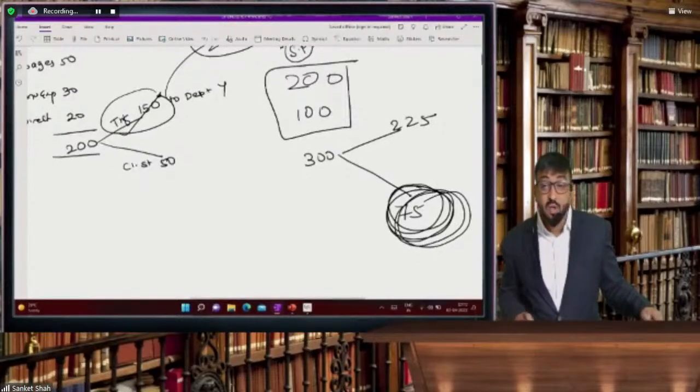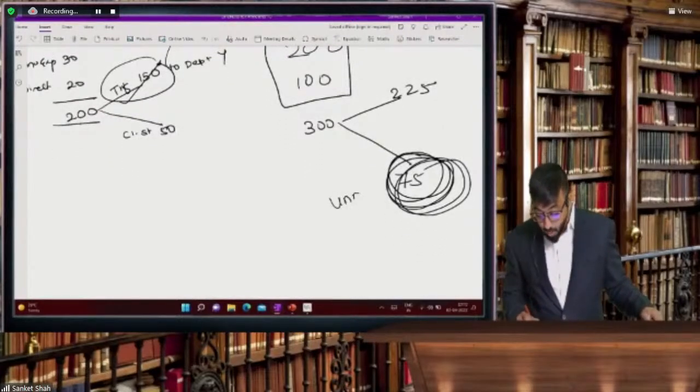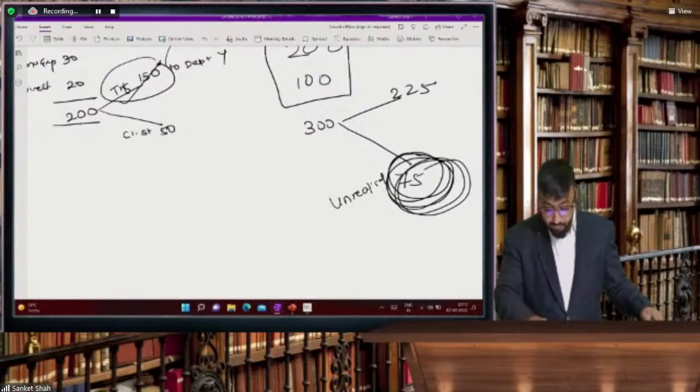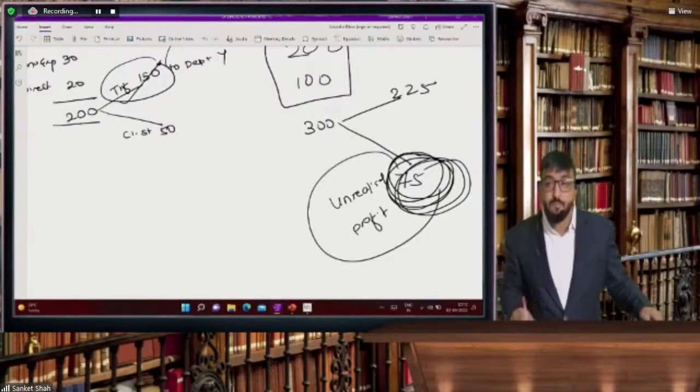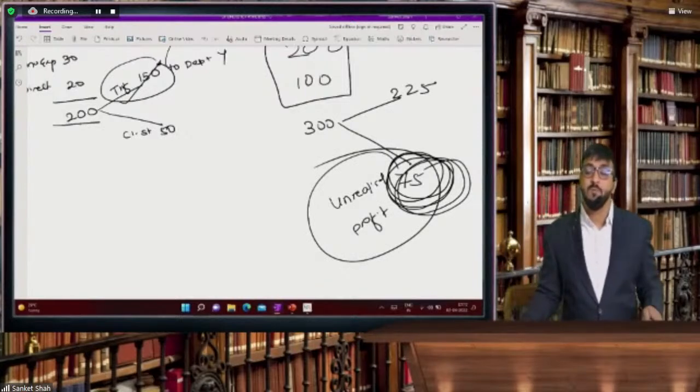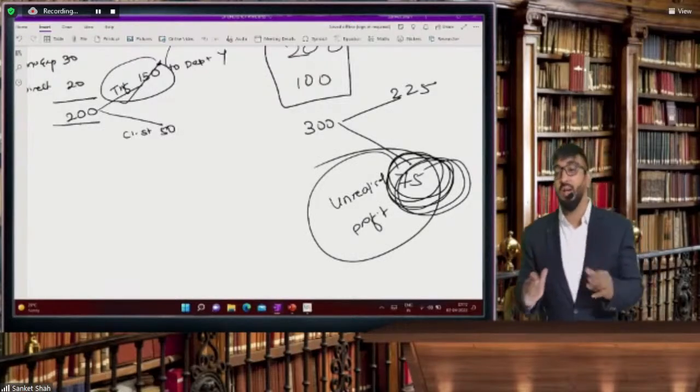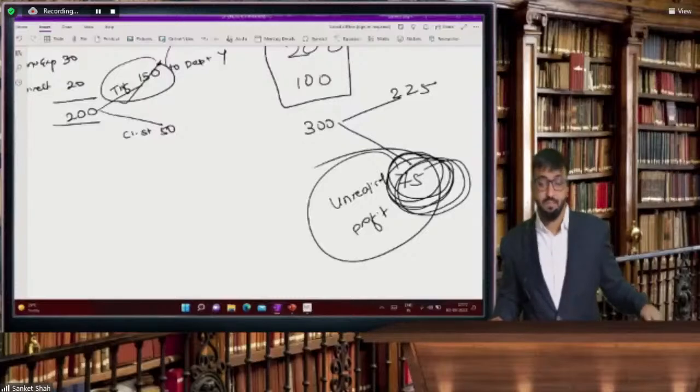What does it include? Unrealized profit. And that unrealized profit we are going to calculate in this chapter.